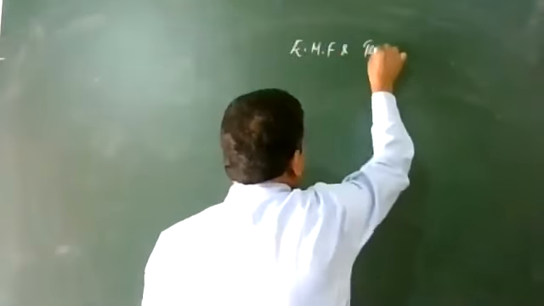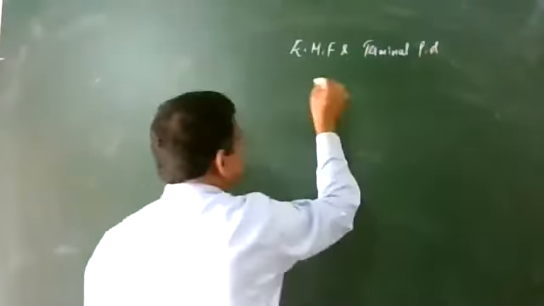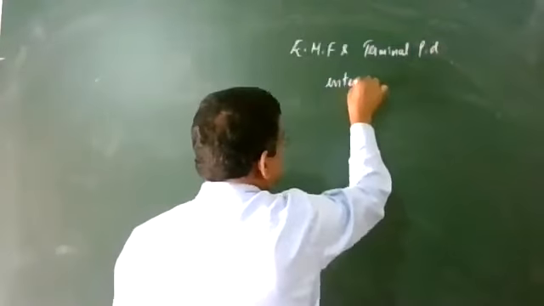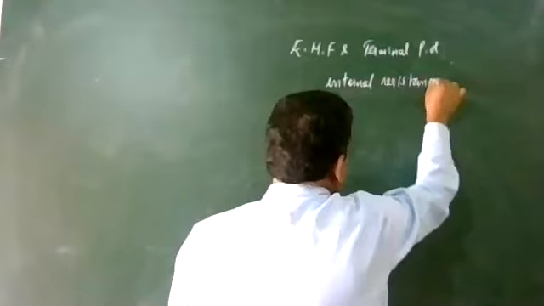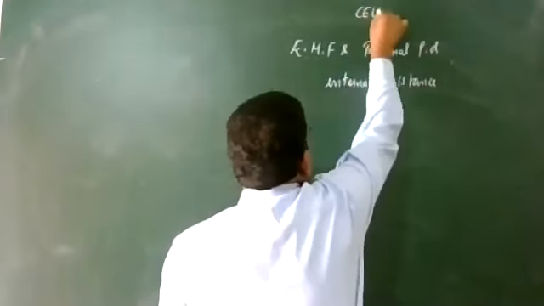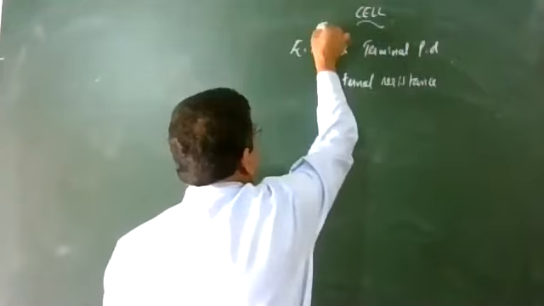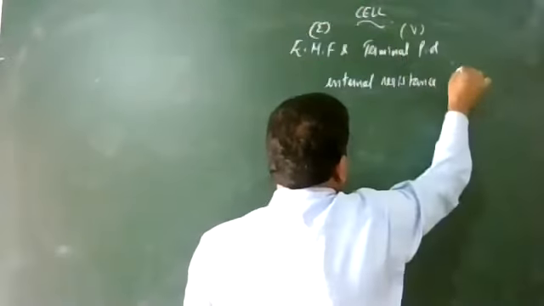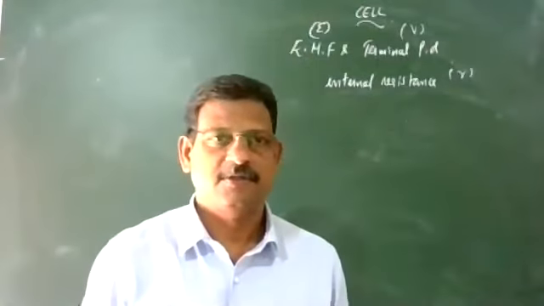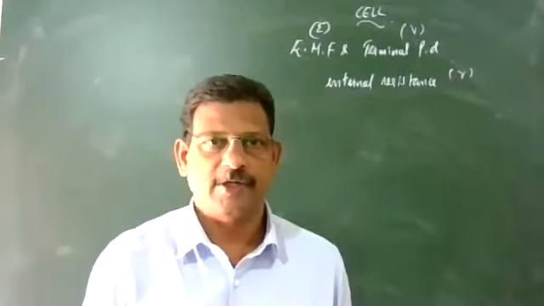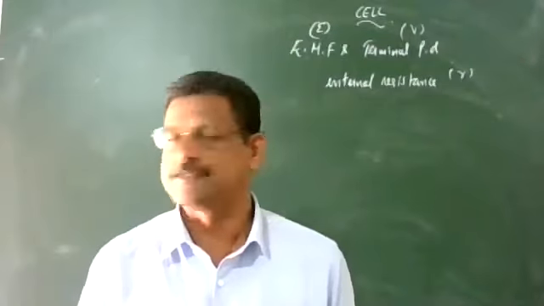And terminal potential difference, and we see internal resistance of a cell. So these are the different terms that we are going to discuss today: what is EMF, what is terminal potential difference, and internal resistance of a cell.